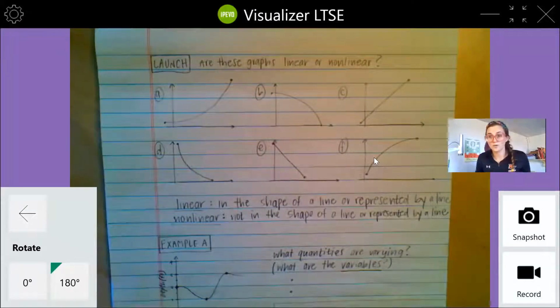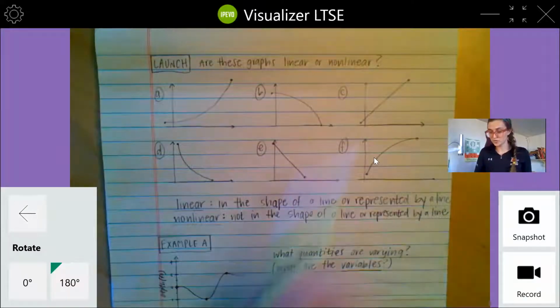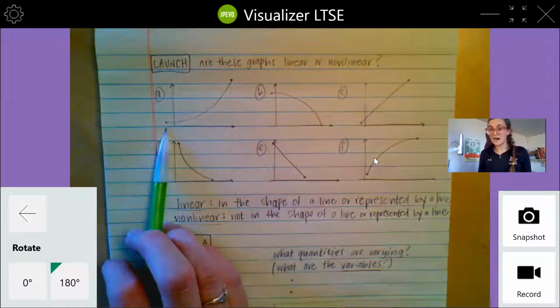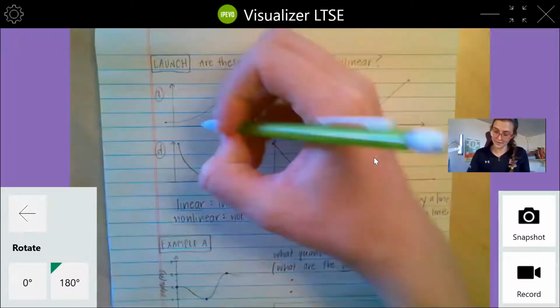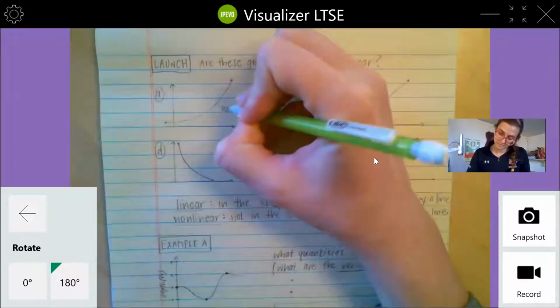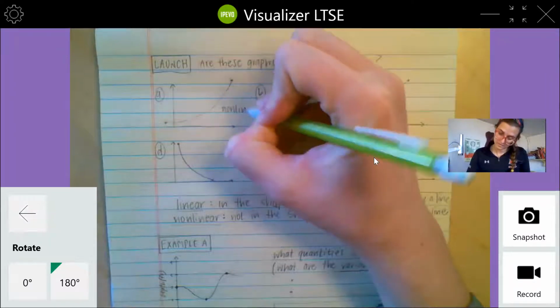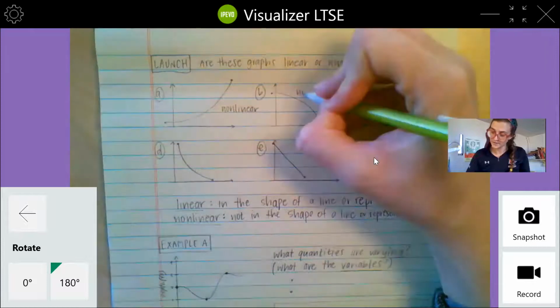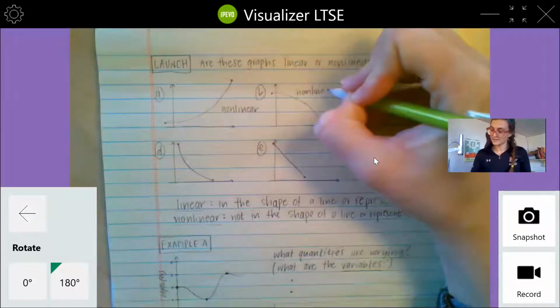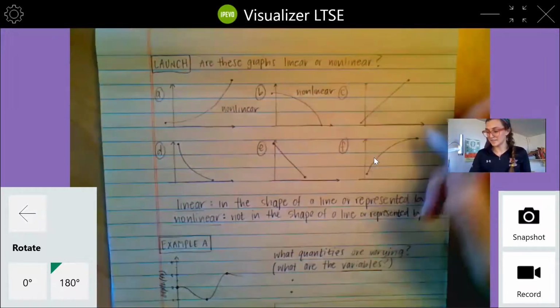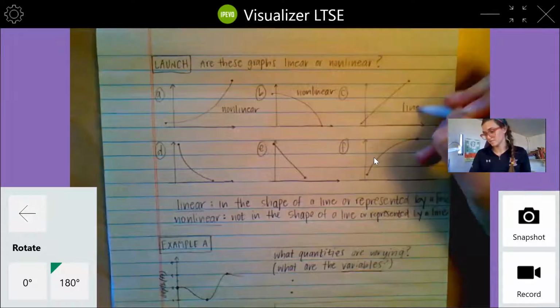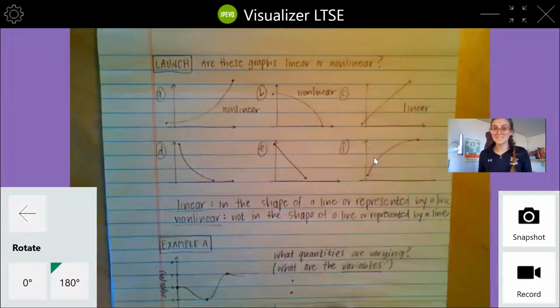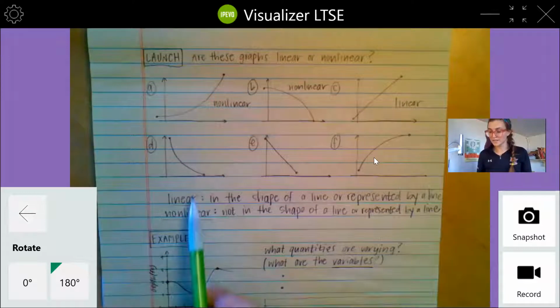All right, so let's go through the answers. So graph A is nonlinear. Graph B, also nonlinear. C is linear. So really quick, let's look at the definitions of linear and nonlinear.